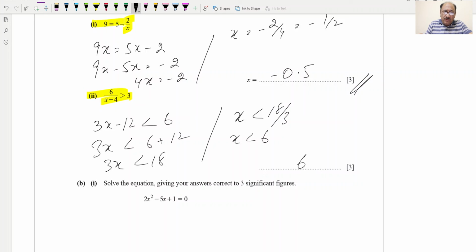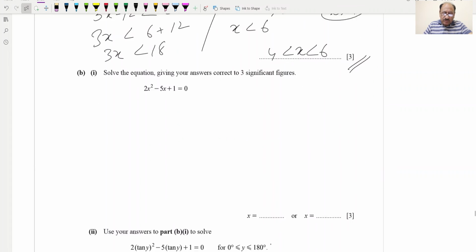Basically, x is greater than 4 also, because x minus 4 should be positive. If x minus 4 is negative, then this inequality will not hold, so we have to include this also in our answer. So we will write x is greater than 4 and less than 6. So this is a 3-mark question which we are done.